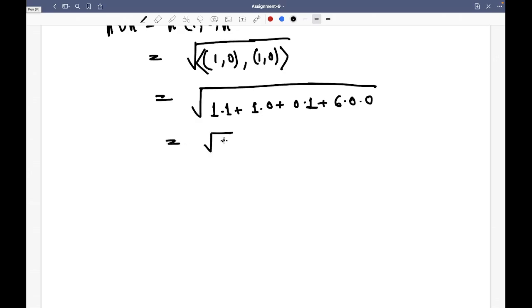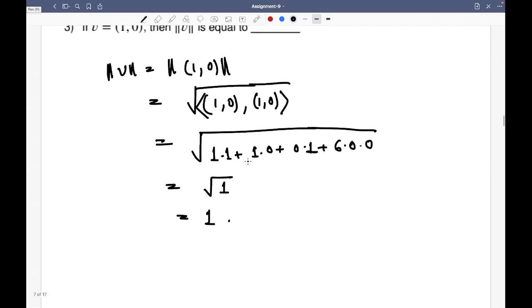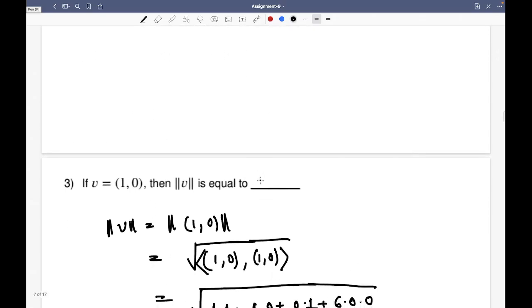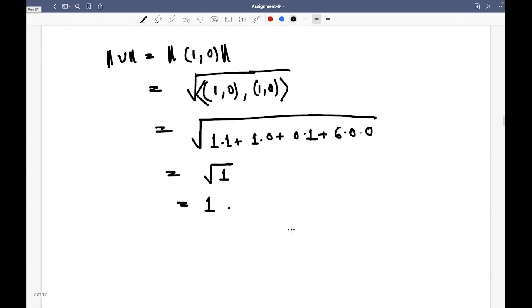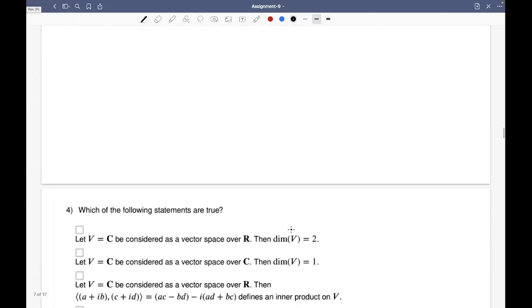This will be the square root of 1, which means 1. So the norm of B is 1. So question number 3 is done. Let's move to question number 4.